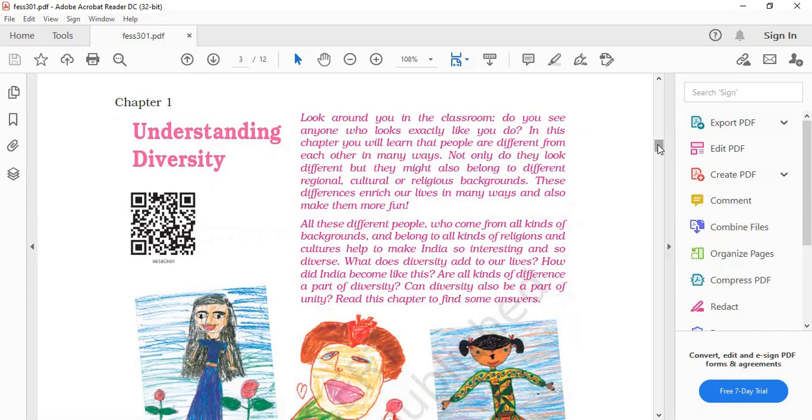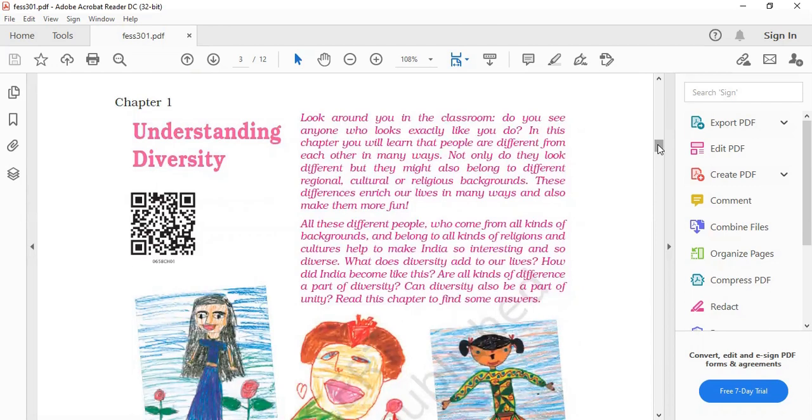So first, before starting, as the name suggests, all of you know, understanding diversity. The first thing that comes to mind is, what is diversity or diverse? Who makes India so diverse?